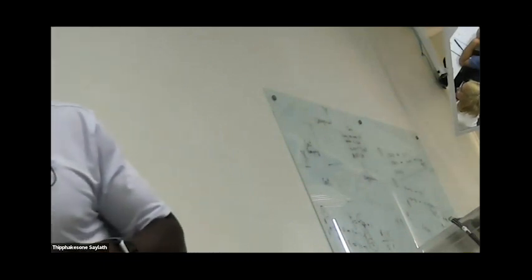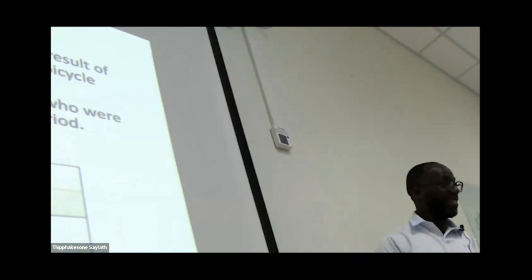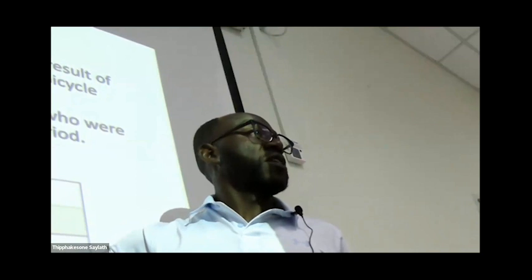So group one, wearing a helmet. We know that 147 of those people were wearing a helmet, and then 17 of them suffered head injuries. So I have 17 divided by 147. Let me go back a little bit and look at the data again so we can see. All the people that were wearing a helmet here, out of these people, 17 suffered head injuries.